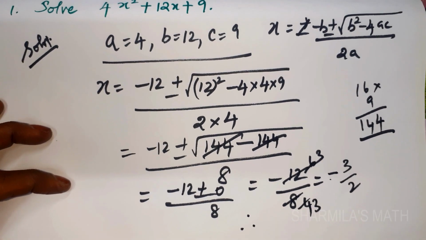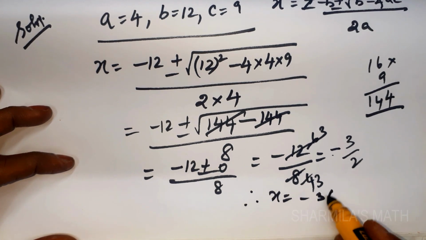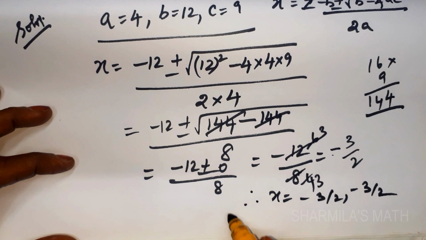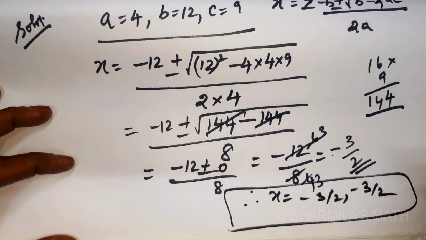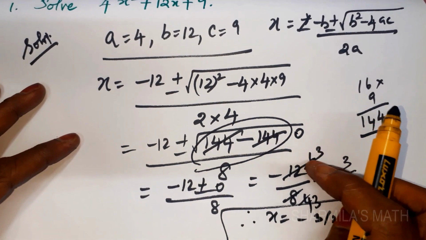Therefore, x is equal to minus 3 by 2 comma minus 3 by 2. We have to give two answers. Both the roots are the same here. Since this value is 0, both the roots are the same here.